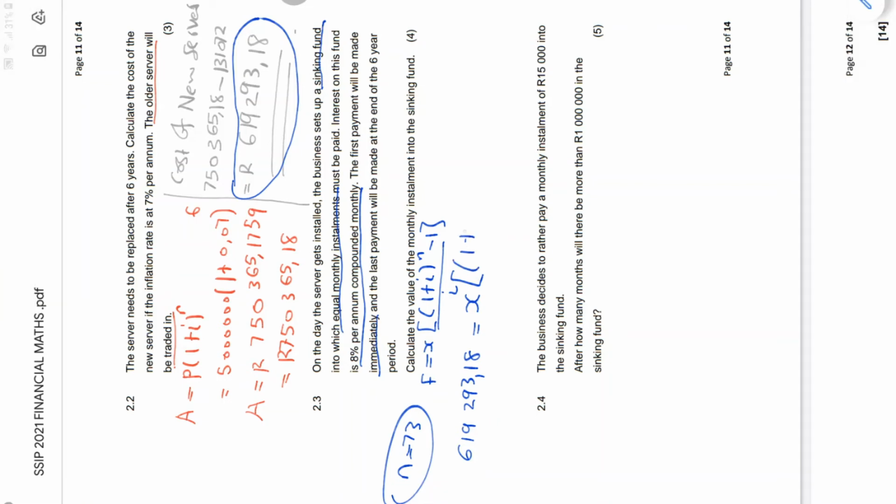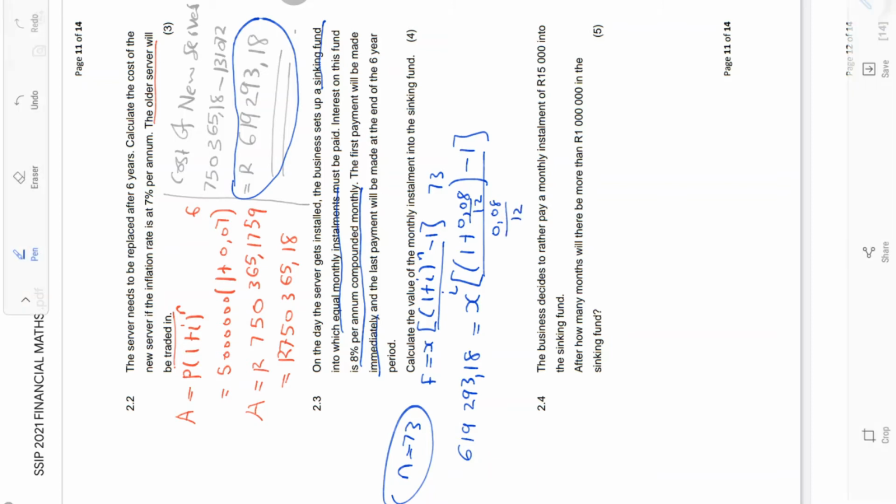Brackets 1 plus the interest, which is 8 divided by 100, divided by 12, compounded monthly, because you need to get the interest every month, to the power of 73, then minus 1, close the square brackets, over 0.08 over 12. Now we are back to the algebra of finding the value of x.